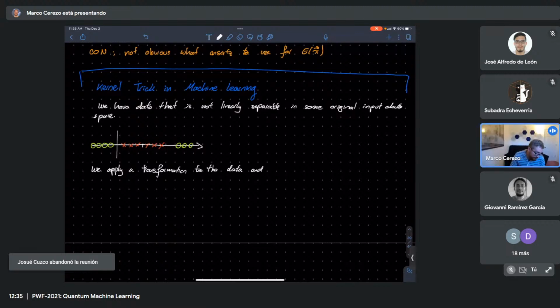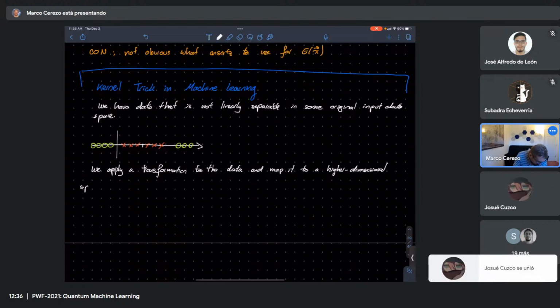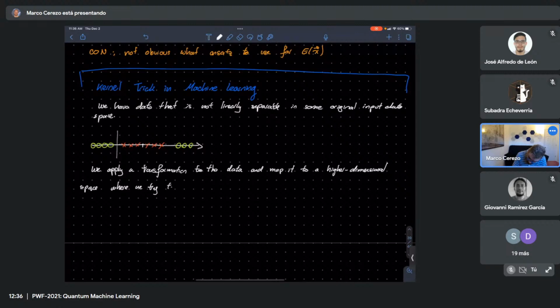We apply a transformation to the data and map it to a higher dimensional space, where we try to fit a hyperplane as a decision boundary.